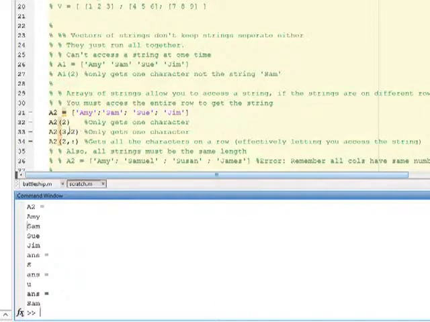If I did A3 sub 2, I would wind up getting the U, because that would be the third row down and the second column over. So it's just an array of characters. I could, though, access the entire row like I do here on line 34. I say, give me A2, second row, all columns, and I do wind up with Sam. So that might be some kind of way we can do it.